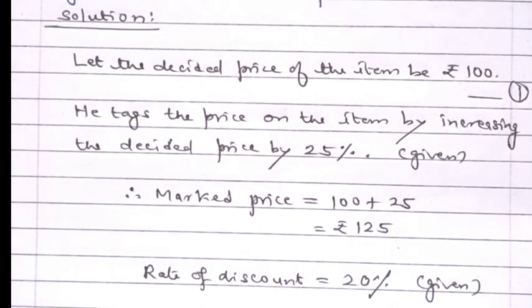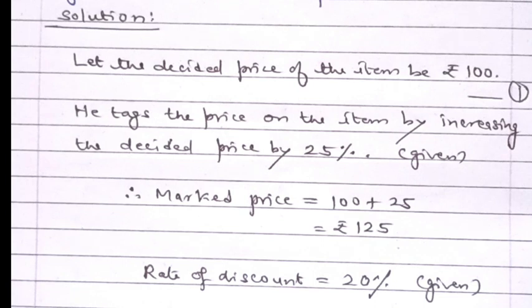Then to get the profit, he increases the price, that is decided price, by 25%. Now he thinks of giving discount, so he gives the discount 20%. But 20% discount on the mark price or the tag price or the new price. Then he gives the discount, 20% discount, and after giving the discount, he has the selling price.